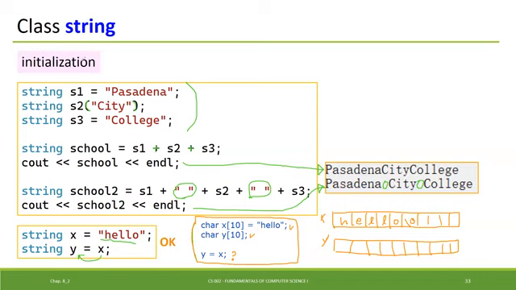Yeah, this is a memory, right? And then I want to save X to Y. What happens here?